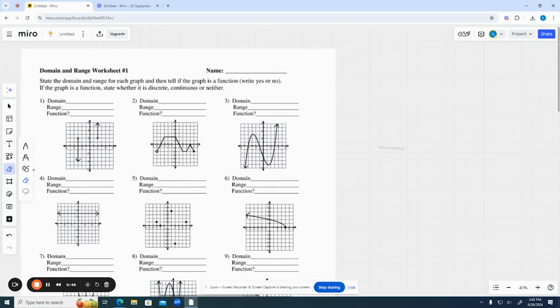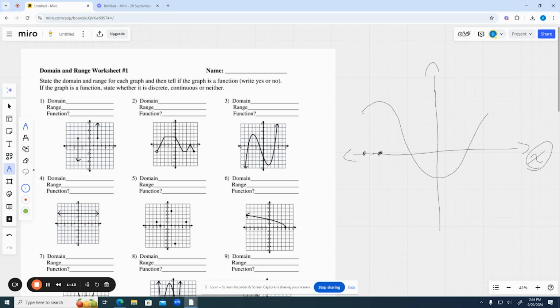So if you have a graph, say something like this, right, over here to the side. Your domain is defined as all your x values. That would be your domain. So everything that lies on the x-axis, not where it connects, but let's say you have a graph like so, your domain would be where it starts here all the way to here, because your x-axis encompasses what the graph is going through.